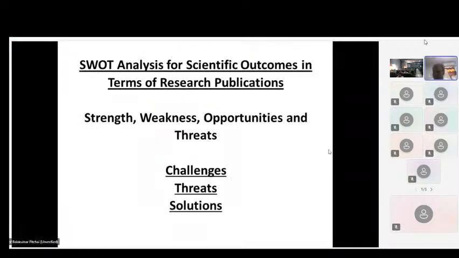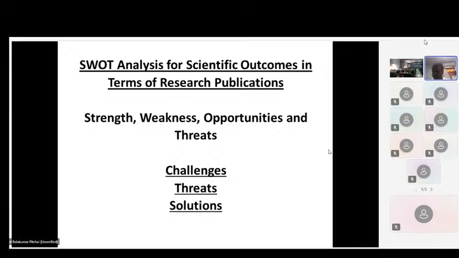We need to always go for a SWOT analysis in research. S means strength, W means weakness, O means opportunity, and T means threat. In that, three points you have to take into consideration: CTS, that is challenges, threat, solution. Let me give an example of challenges. There is a pressure for us to publish a paper.